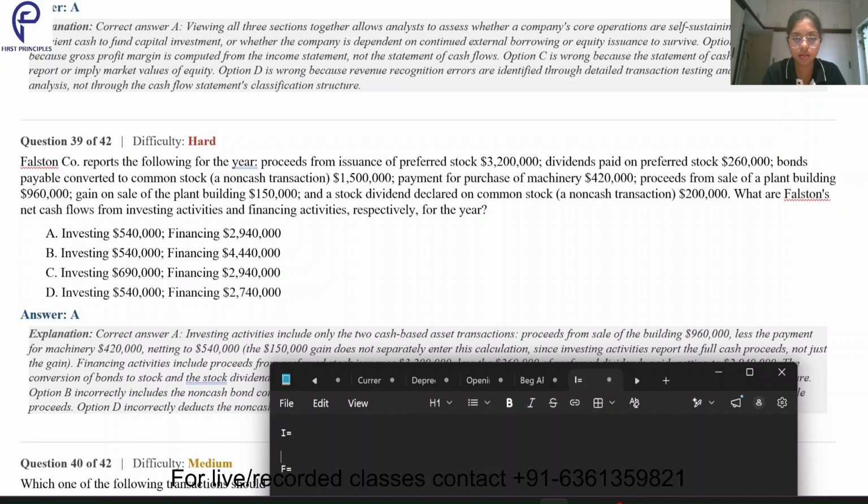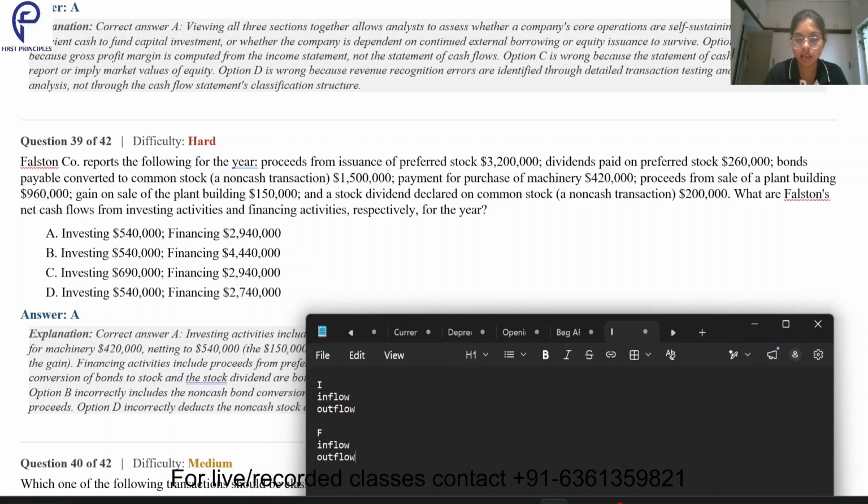For investing, I will have the inflow and outflow also, right? So I will write inflow and I will write outflow. For the financing also, I will write inflow and outflow. I am just writing the full form for you guys. Let's start now.